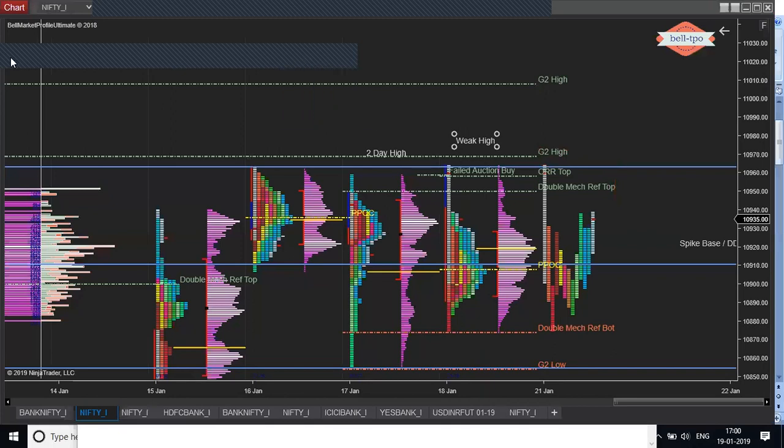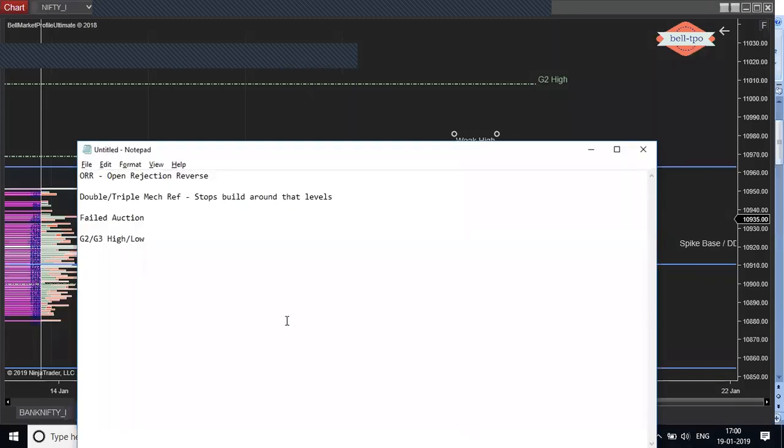And that G2 high, G2 low, we give more preference to this. We look for it for two reasons. One is an intraday setup, which has to be combined with the trading sentiment indicator.